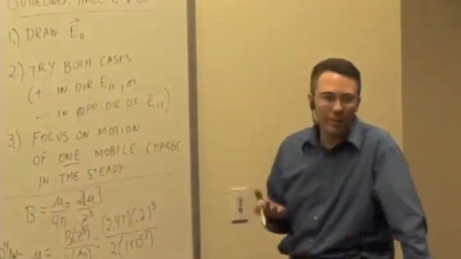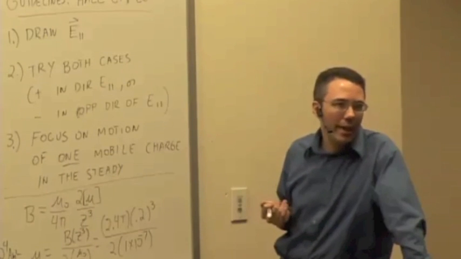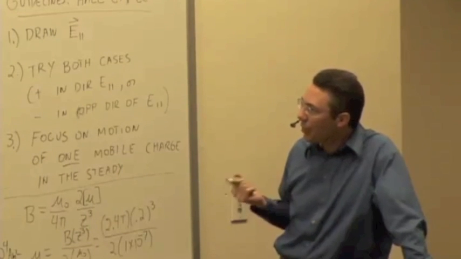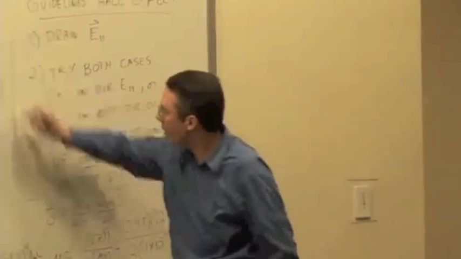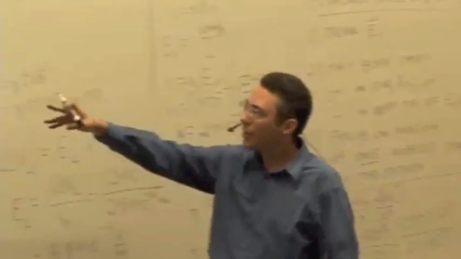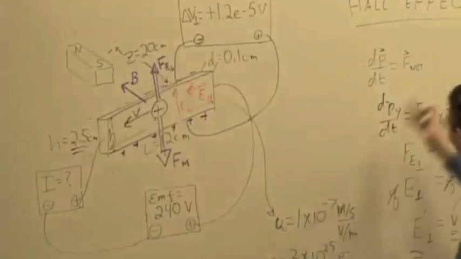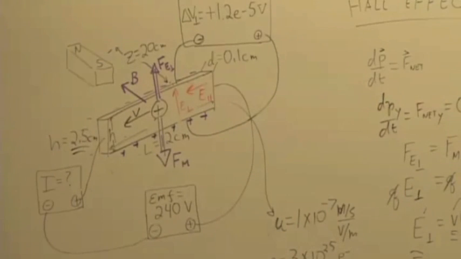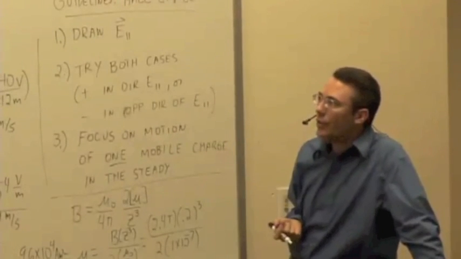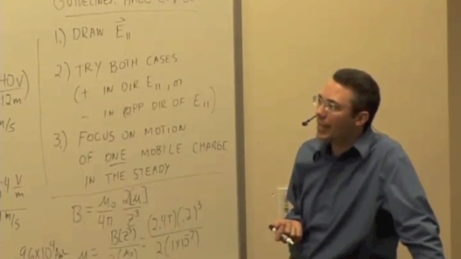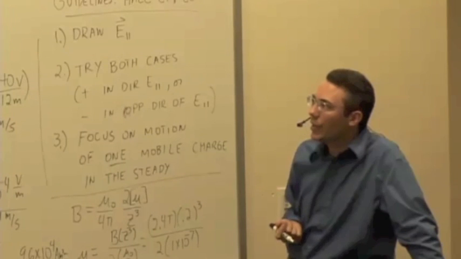And you're going to be expected to do things like this on the homework and on the test, okay? So you want to figure out where you can start. Start by looking at the motion, relating the forces on a single moving charge, and then going from there, seeing what's unknown and seeing where you can figure out other things from. Remember, the loop rule and the node rule still apply, so we can use our circuit analysis techniques to deal with this.